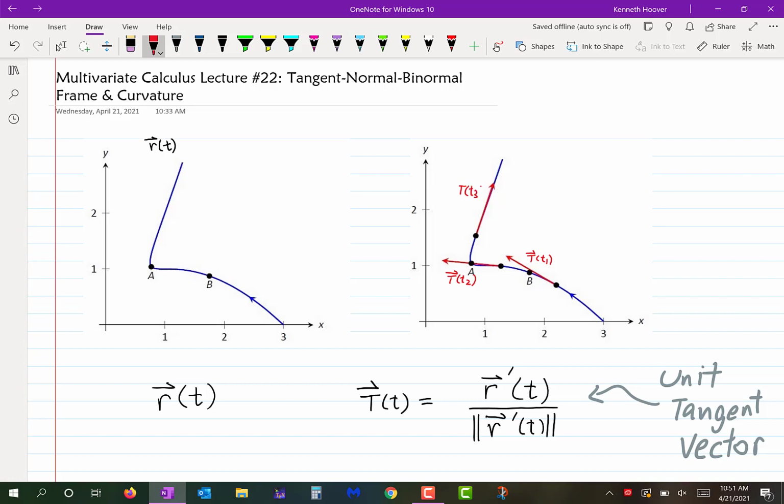That's 3 unit tangent vectors at 3 different points. Okay, so what we do is we add on to that another important vector.